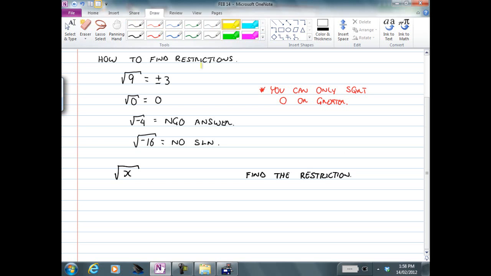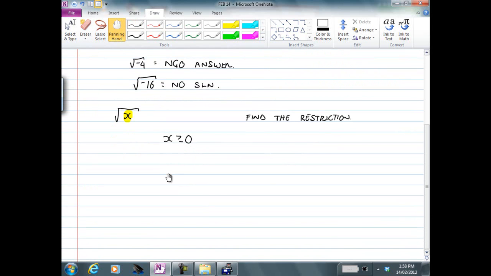I'm going to highlight this radicand, which is this x. Whatever that is, that has to be greater than or equal to 0. So your restriction is x is greater than or equal to 0. That's what I just taught you. When you work with restrictions, I set my radicand to be greater than or equal to 0. No tricks, it's simple.